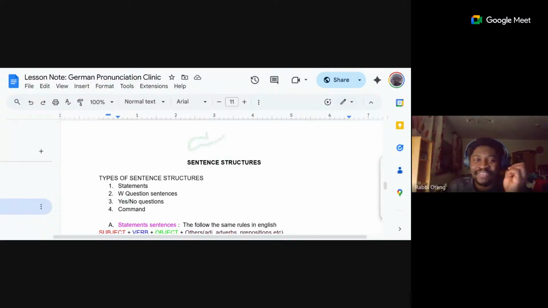And I gave you guys a tip that with the W question with wer and welche, it's easier to know, because if the main verb comes right after the W question, then it means that the wer or the welche is the subject.